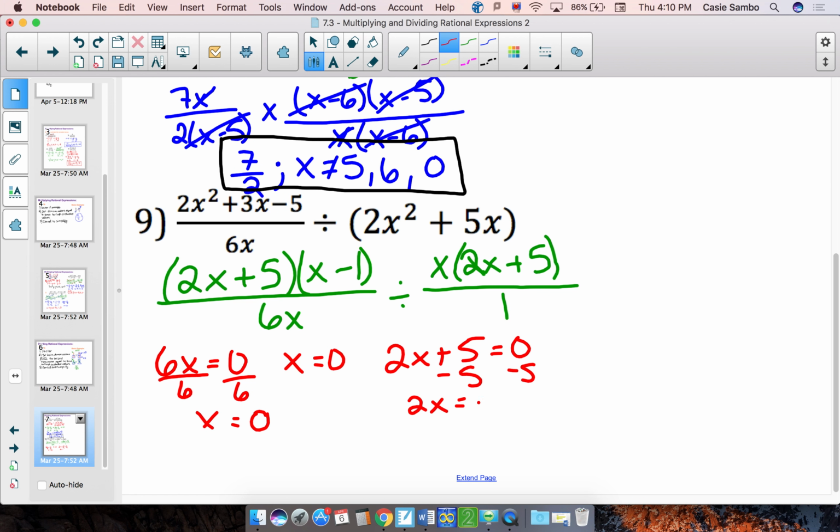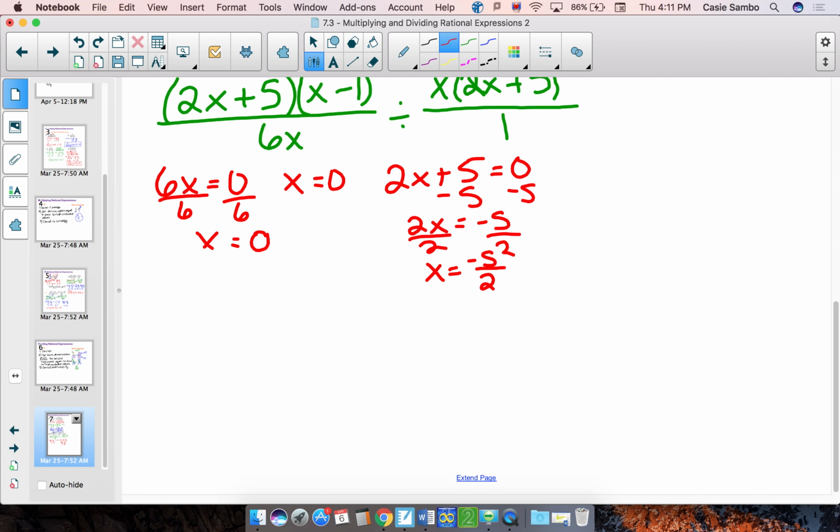And x equals negative 5 over 2. I know, my 5's are starting to look like s's. Sorry. 5 over 2. All right, so then I can do my keep flip change or multiply by my reciprocal.